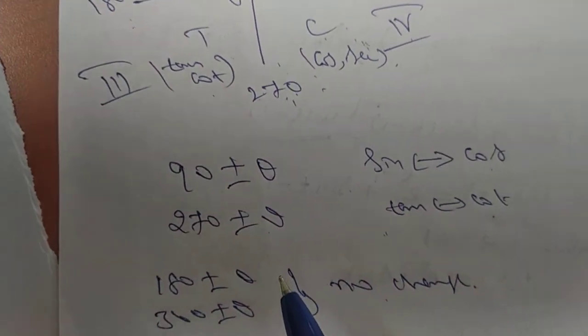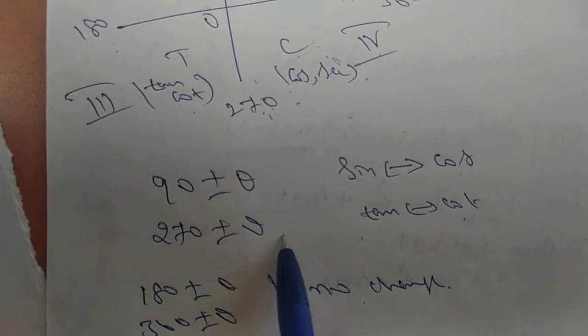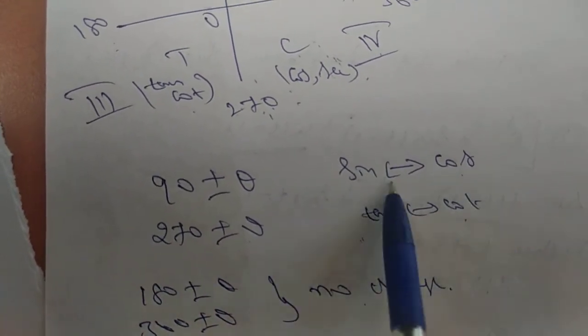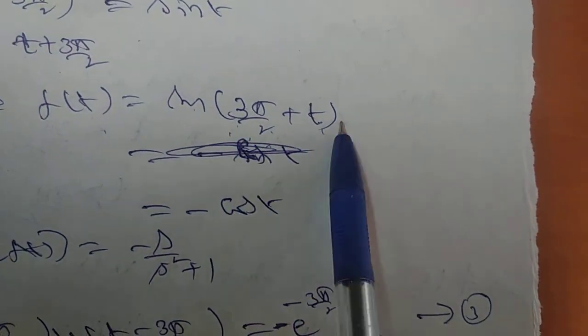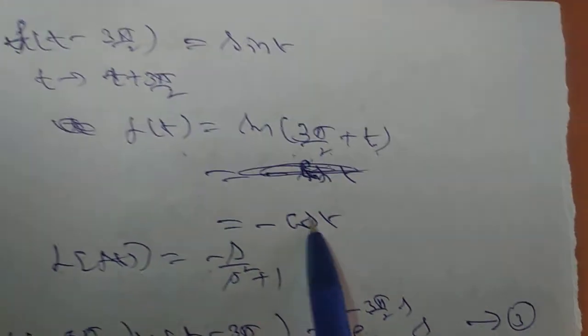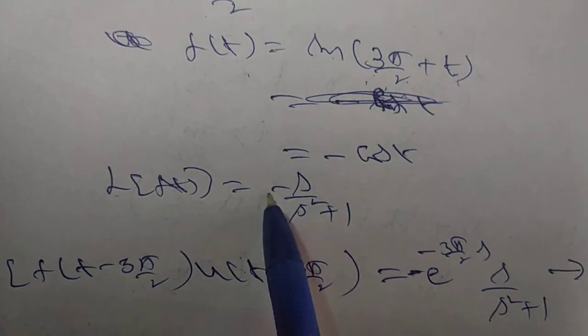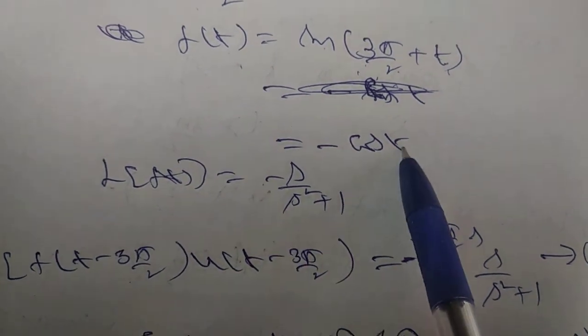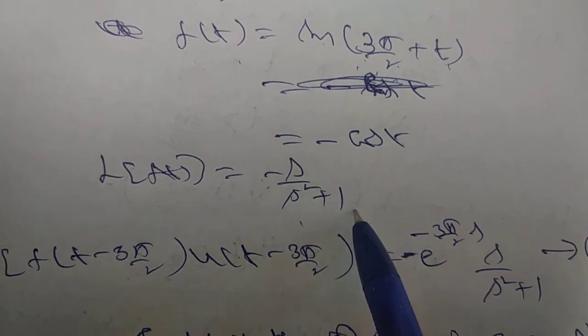That's why there is a negative sign. For 270 plus or minus theta, sin becomes cos, or cos becomes sin. So here also the same thing, sin of 270 plus theta becomes minus cos t. So now find the Laplace transform of minus cos t. Minus you write as it is, and Laplace transform of cos t is s over s square plus 1.